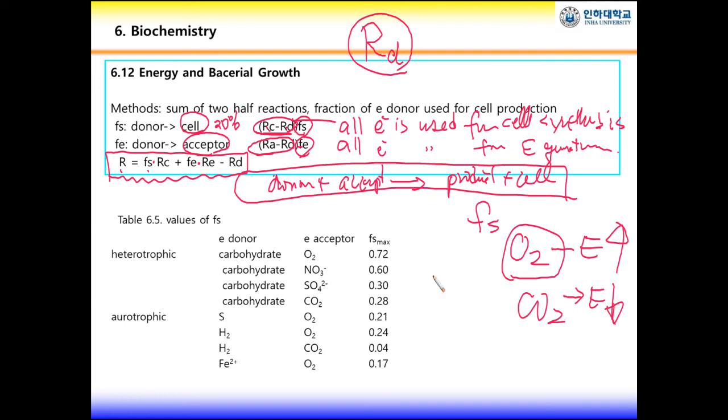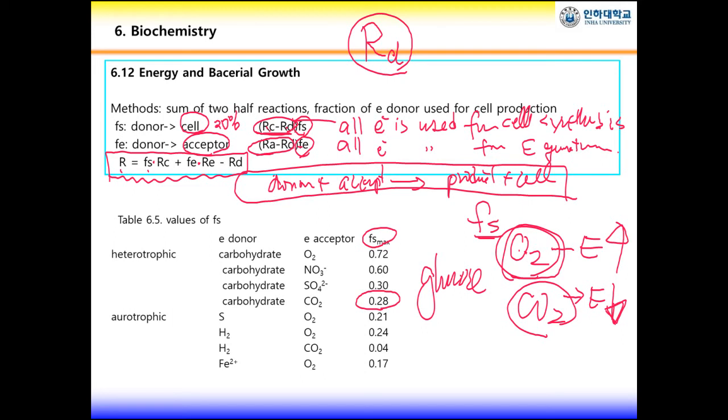So for a given compound, say glucose, if oxygen is used, then more energy is released from the oxidation reduction reaction, and more cells can be produced. That means Fs will be higher when oxygen is used as the electron acceptor. If CO2 is used as the electron acceptor, the energy production is less, so the cell production will be low.